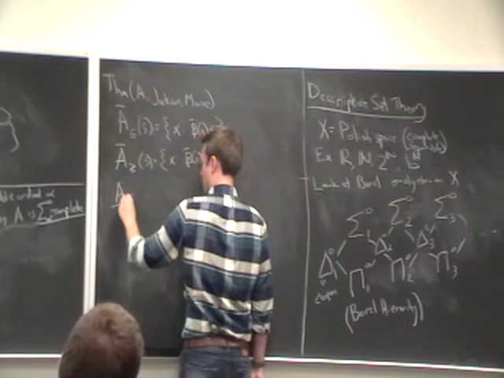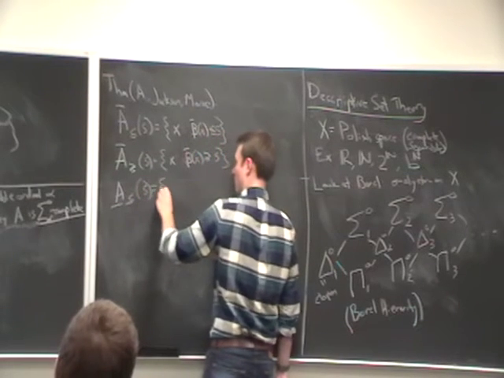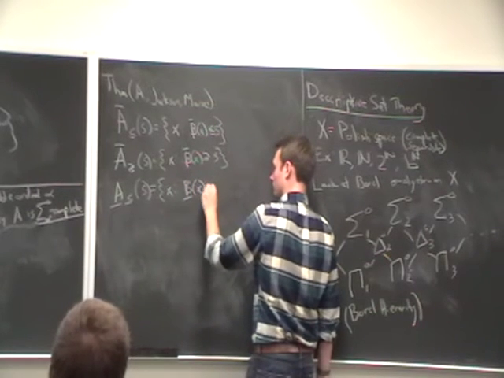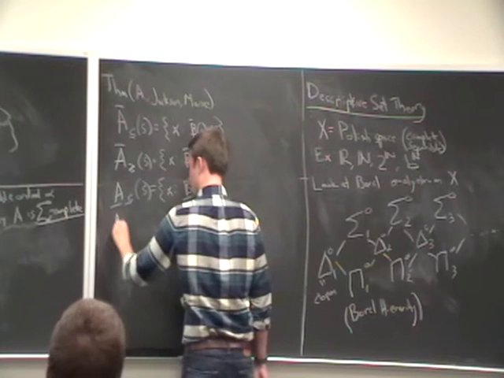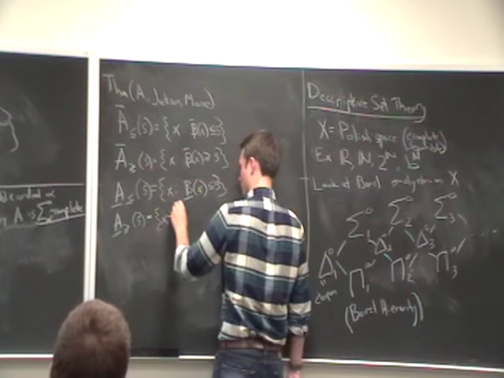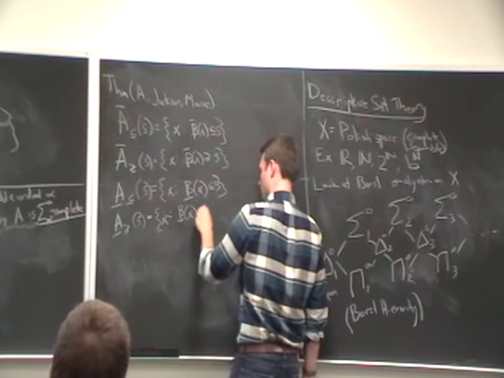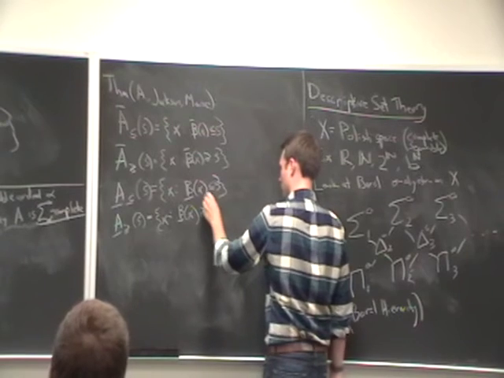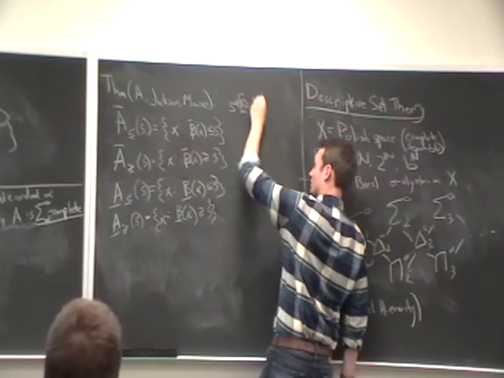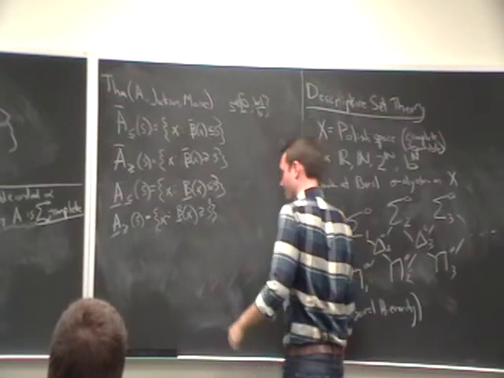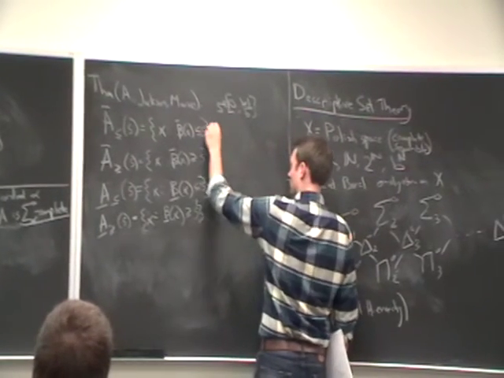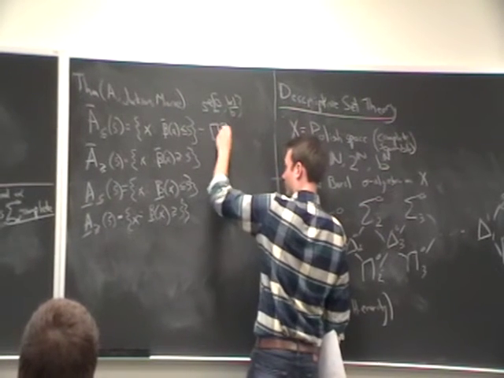And then the same definitions for the lower noise, where s is some real number in 0 to (b minus 1) over b. Okay, and what we proved is that this set is Pi^0_3 complete.